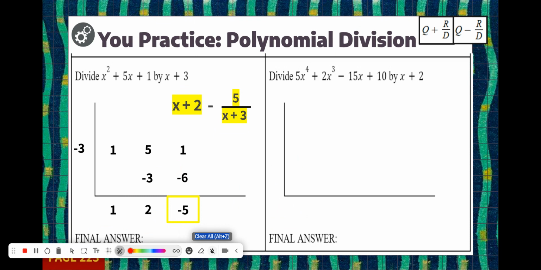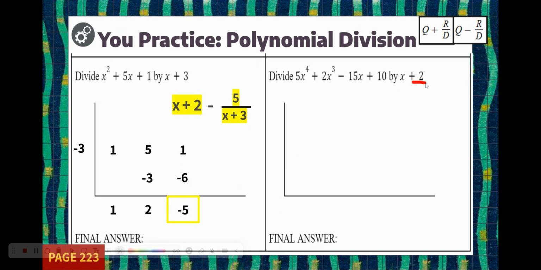Now, next one. We have divisor is negative 2. Leading coefficient, you'll just need to put it down: 5, 2, negative 15, and 10.